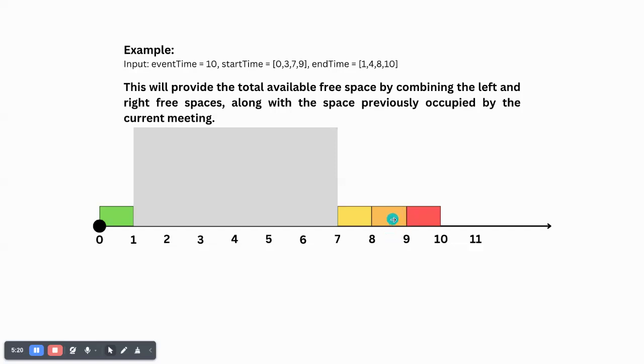The second meeting occupied 1 unit of time, starting at 3 and ending at 4. Now we moved it all the way to 8, so it's also going to be considered as free space.